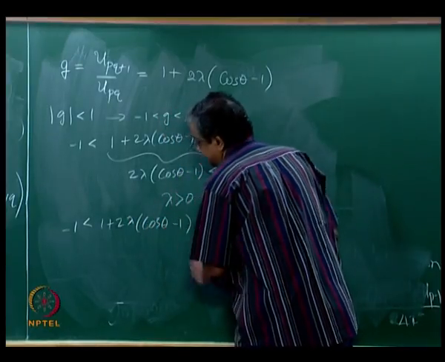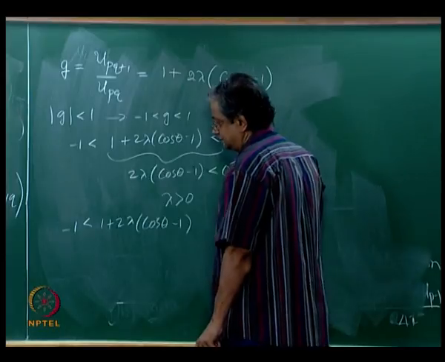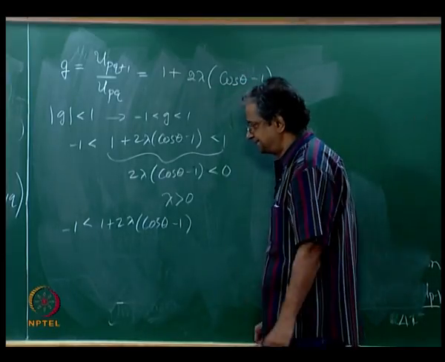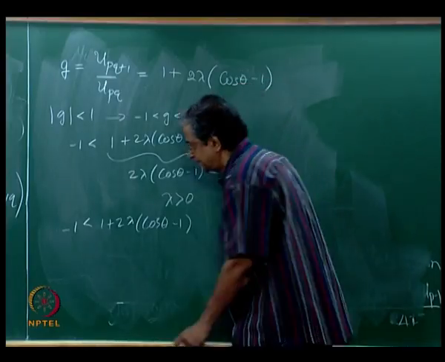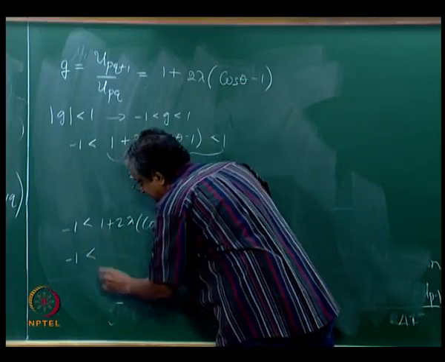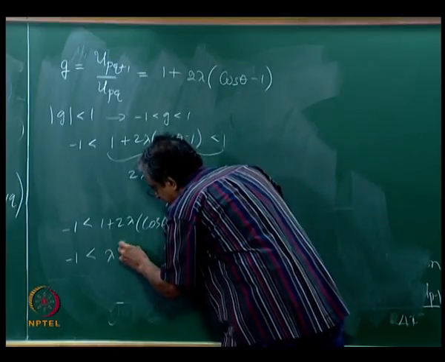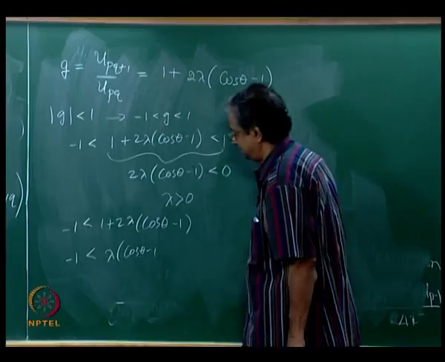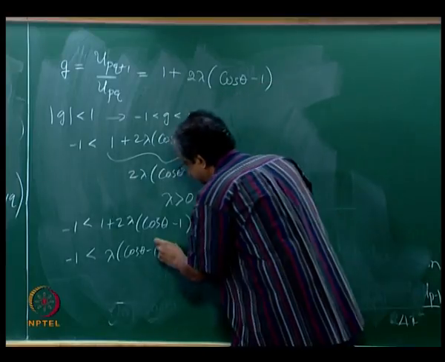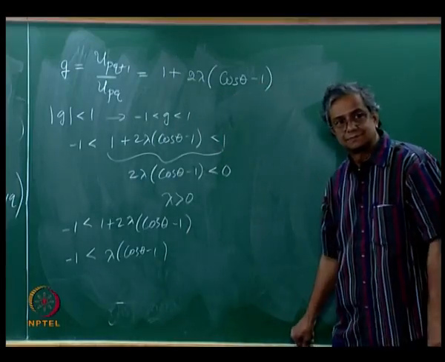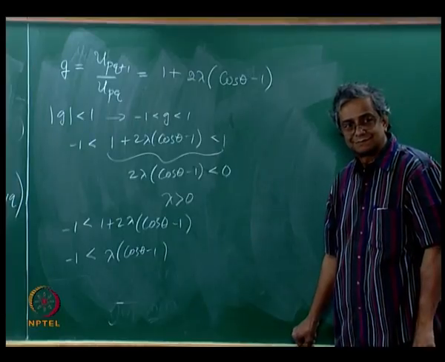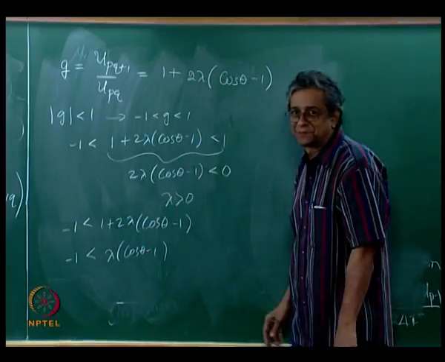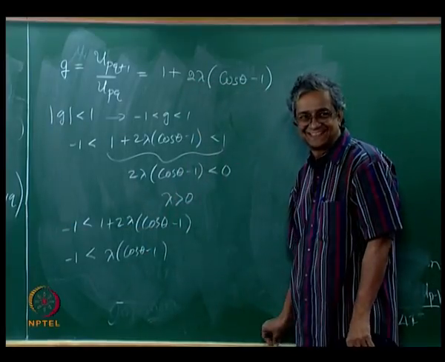You can do this, there are different ways by which we can do this, or minus 1 less than lambda into cos theta minus 1. Is that right? I took this minus 1 over there, minus 2 divided through by 2. I skipped a step. Okay, fine.